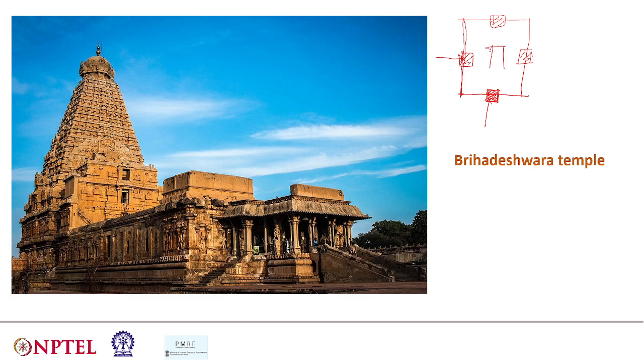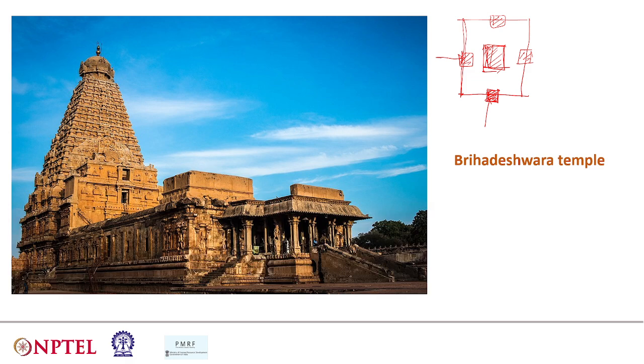Inside there will be the main shrine or the main temple with Garbhagriha and Mandapa, which will be of a very humble size, a very modest expression of architecture. But Brihadeshwara temple is one of the classic examples where the temple shrine, the shikhara, or the vimana as we call it in the Kutina style of architecture, is the tallest.